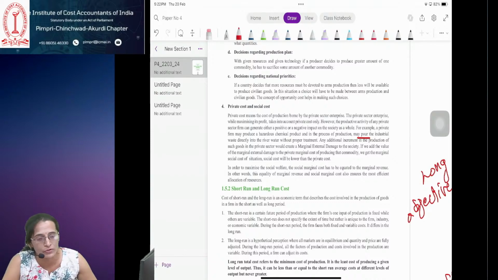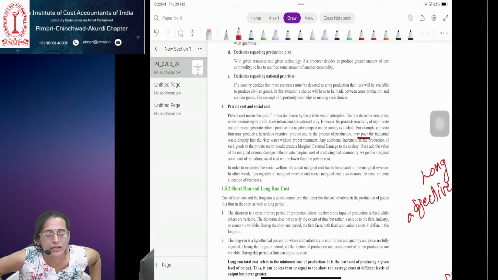Their main objective is to maximize profit. And social or public organizations, at a reasonable price, want to provide that commodity to the public. Those are public or social organizations, right? You got the difference between private and public?